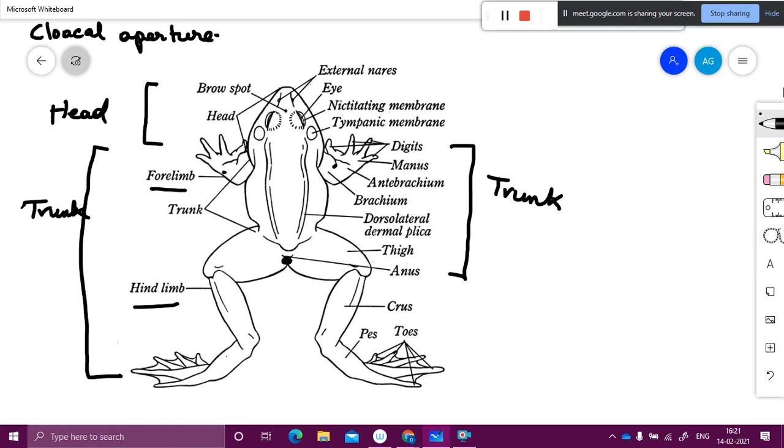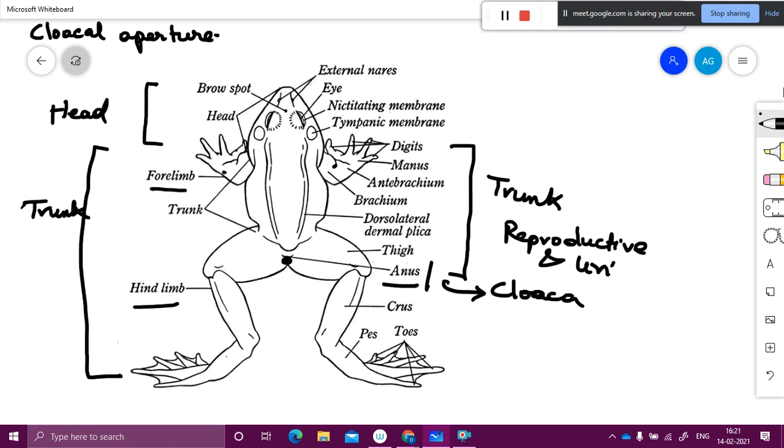This anus, basically, it comes from a cloaca. Cloacal aperture, here both the reproductive as well as urinary aperture, urinary chamber and aperture.